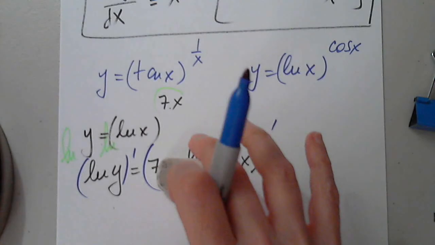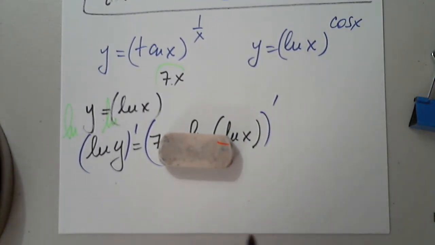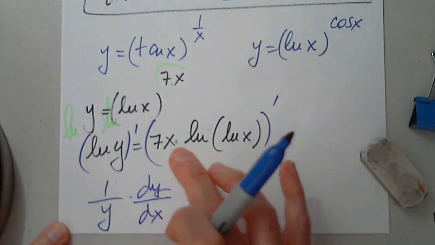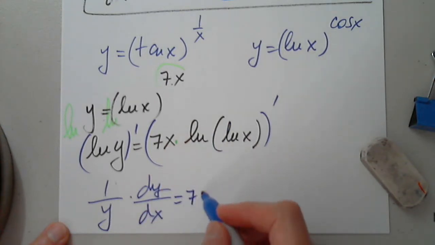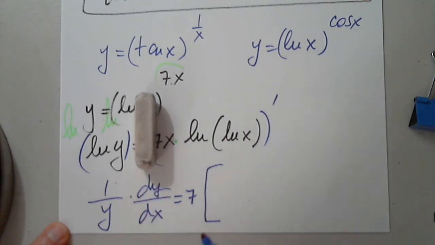So can anyone give us this? One over y times dy over dx. Perfect. Now here, this is a function, this is a function, 7 can wait patiently. So forget about 7, it's a constant times a function. 7 is outside. We are using the product rule. We have to write two terms.